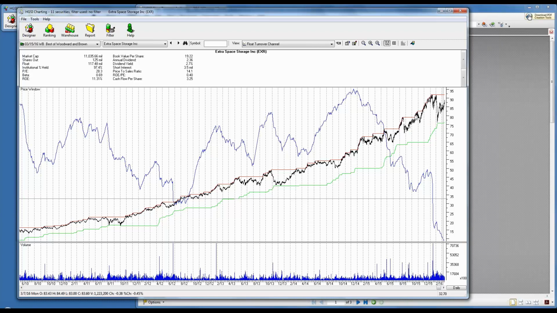And so the idea here is that when a stock breaks out of its high or low channel into a new level above the previous turnover period, it indicates that the stock has changed hands, and so there's some strength behind that move.